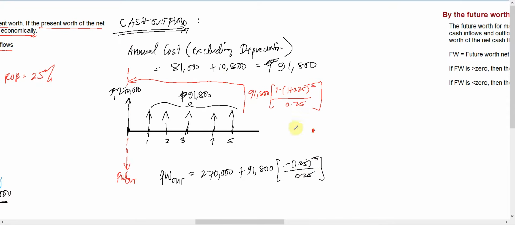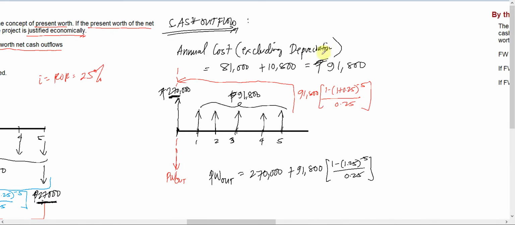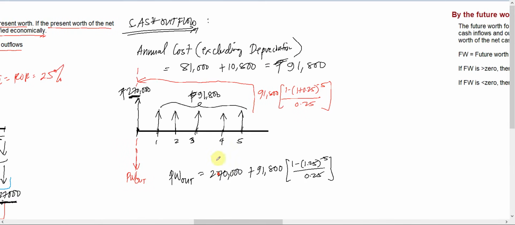Again, hindi kasama yung depreciation. Kasi kung titingnan nyo, kinonsider din natin dito yung original cost. Dito naman sa inflow, kinonsider natin yung salvage value. So, parang na-summarize na rin dyan yung depreciation cost natin. Kaya hindi na natin sinasama yung depreciation cost.